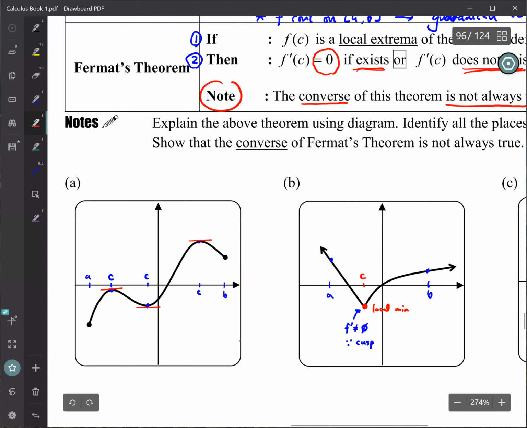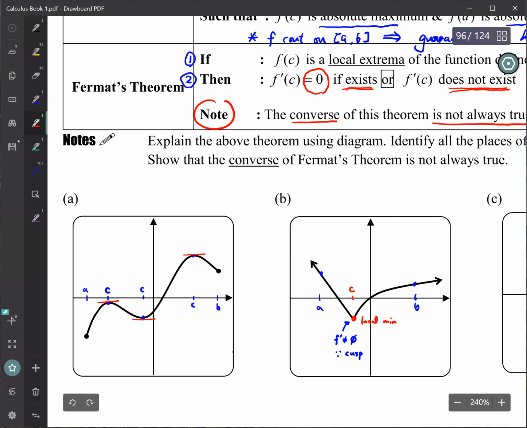However, the converse of the Fermat is not always true. Converse means if we swap the order around. For example, I said if it's sunny, then the road is dry. Now reverse: if the road is dry, then it's sunny. Is that always true? No. When would it not be true?